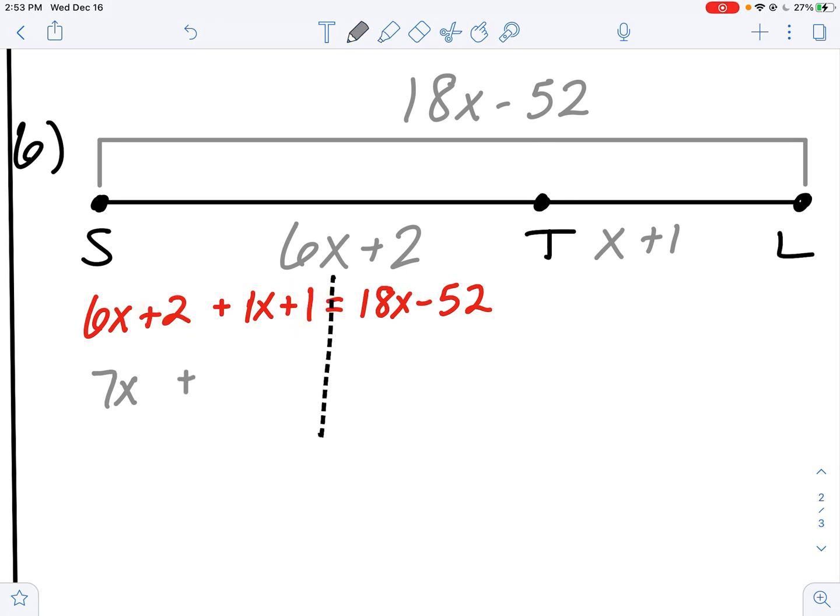Those combine to a positive 3. And the reason why I can do that without using opposite operations is because I'm not moving these to the other side of the equal sign. They're just staying on the same side of the equal sign. So that is simplified now, and that's equal to 18x minus 52. And then we can just solve from here.